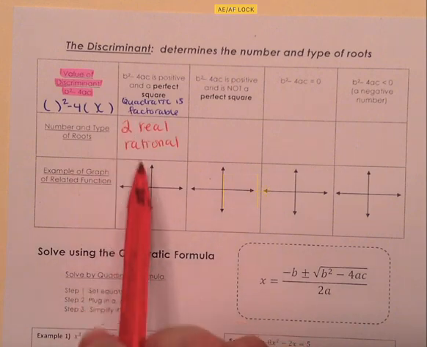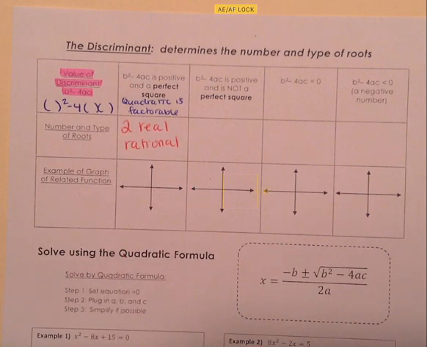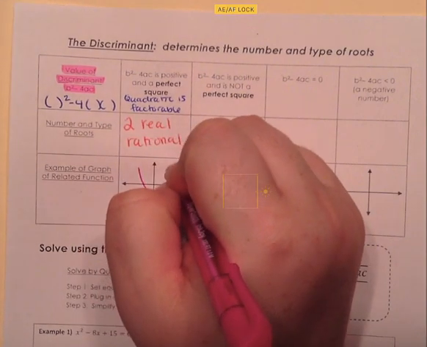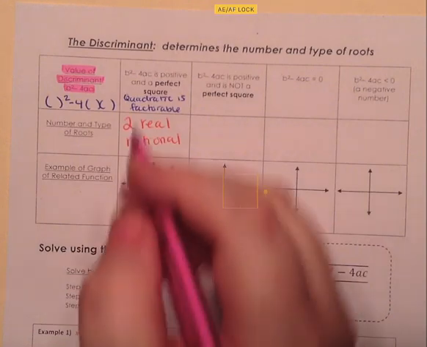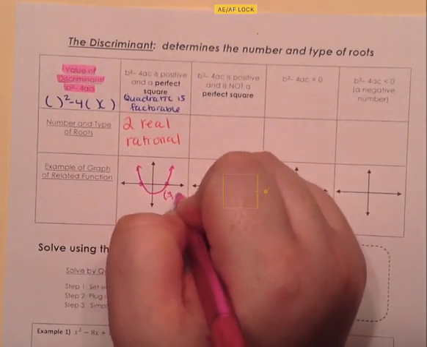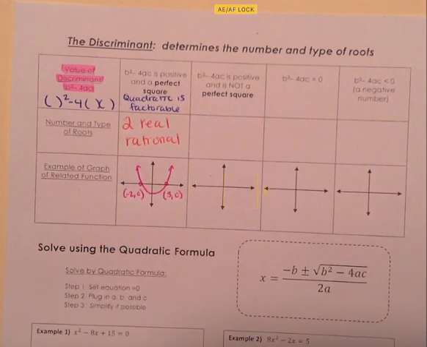What that means about the graph is that it will cross the x-axis twice, but it'll cross at nice, clean x-intercepts. So it might cross them at, let's say, 3, 0 and negative 2, 0. It'll cross them at nice, clean intercepts.